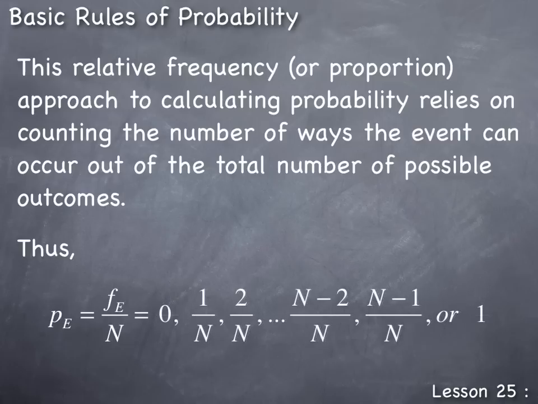So the lowest the probability can ever be is 0, and the highest the probability can ever be is 1, or any other value, fraction or decimal, in between 0 and 1.